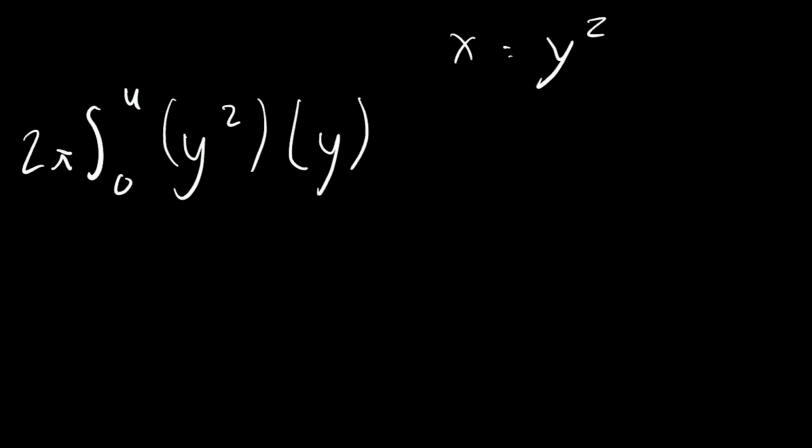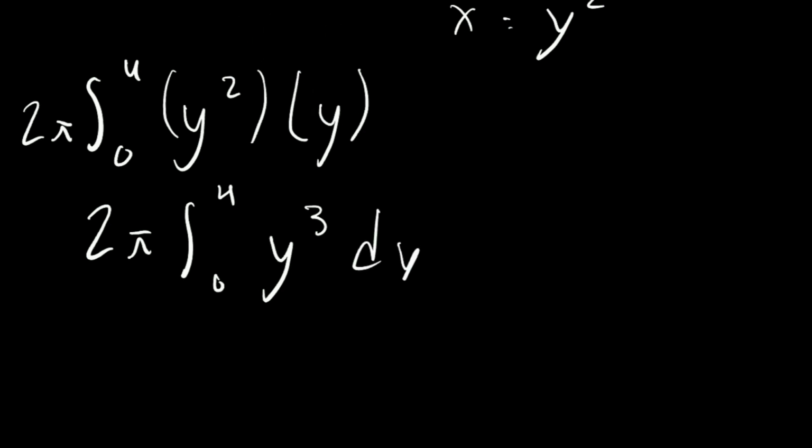So we're left with 2 pi times the integral from 0 to 4 of y cubed dy. Forgot to write the dy there.